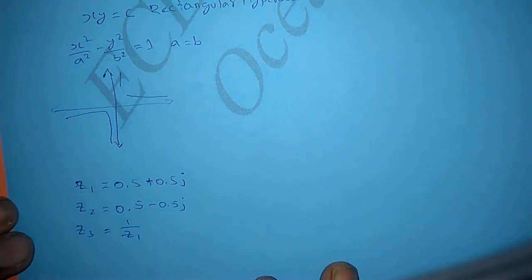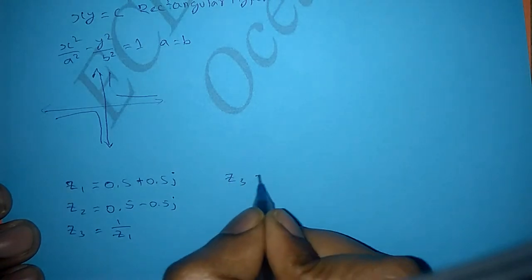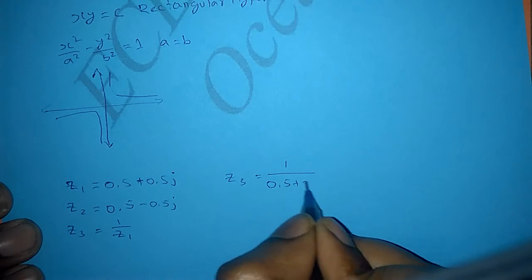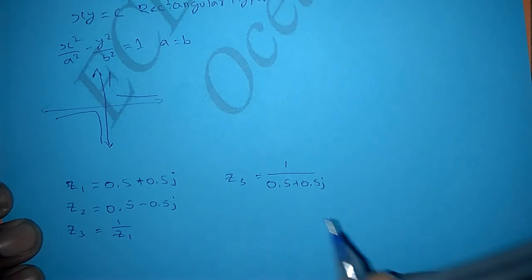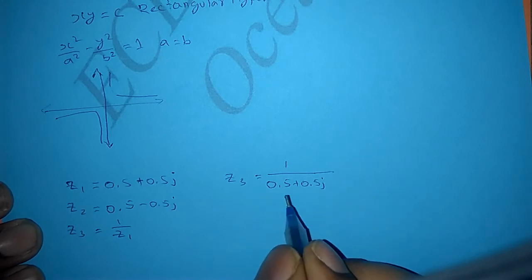So I have to find what is z3. z3 equal to 1 by z1, that is 1 by 0.5 plus 0.5 j. I have to convert this denominator into real.